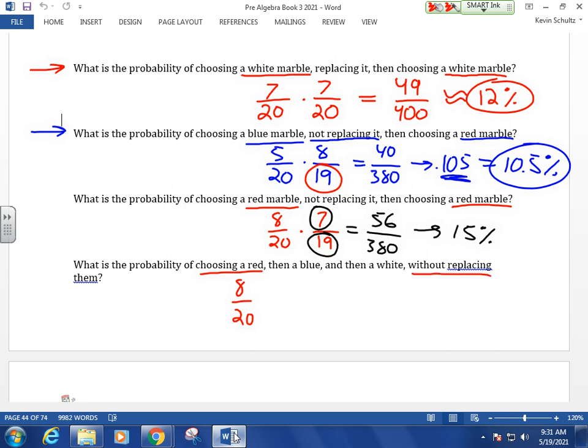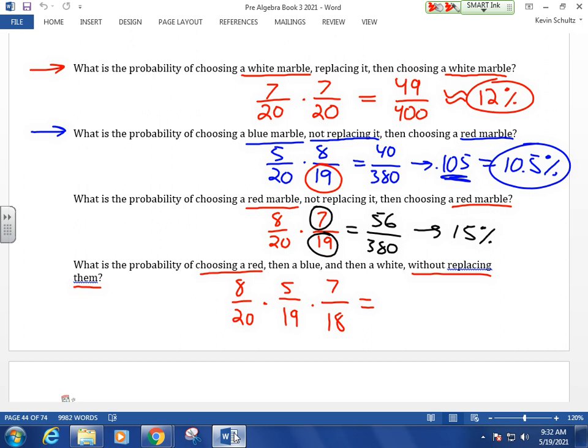So we're not putting any of these marbles back. So for our second draw now, what's the probability of picking a blue one? 5 over 19. And then to pick a white one, John? 7 over 18, right? Since we're not putting any of these marbles back, our denominator decreases by 1 each time.